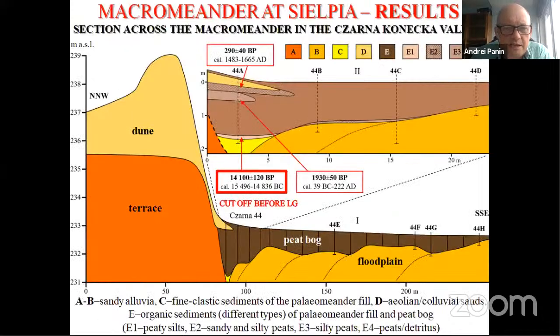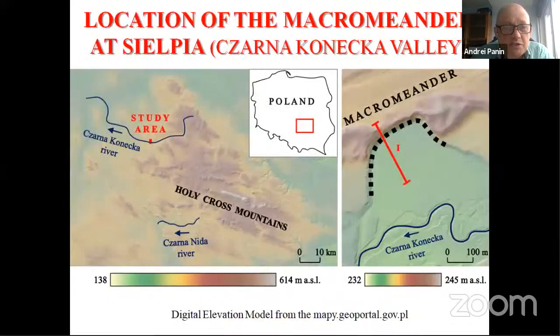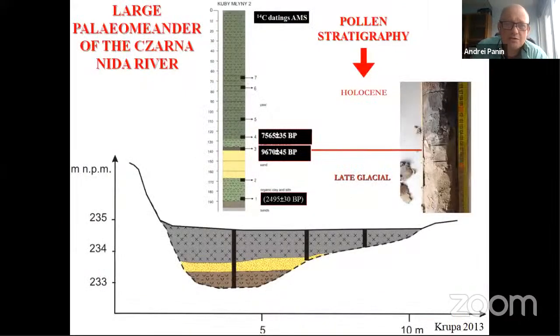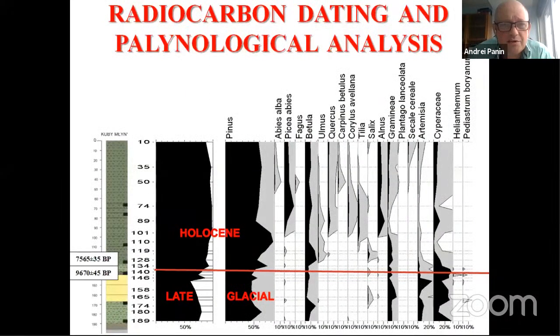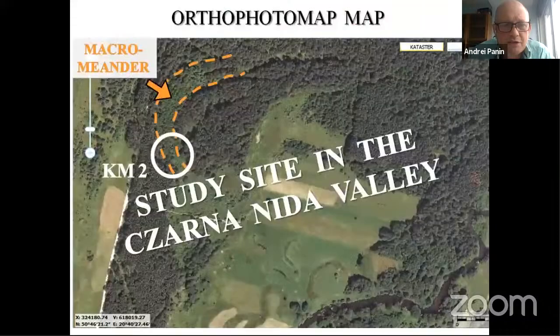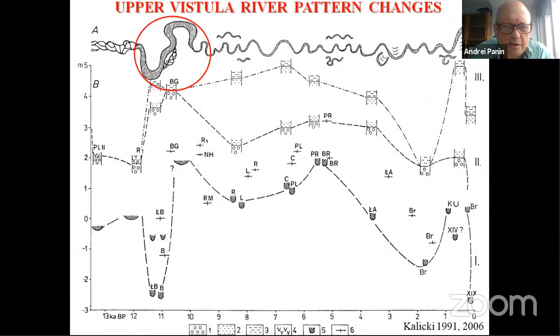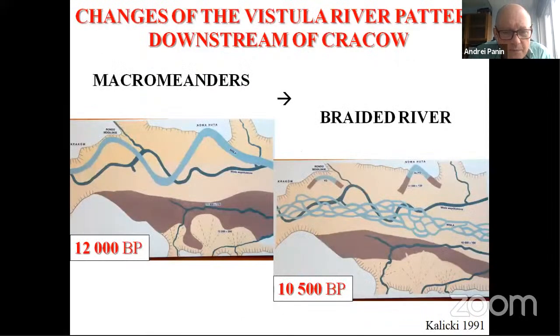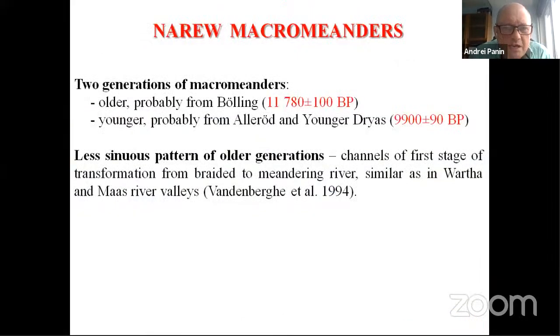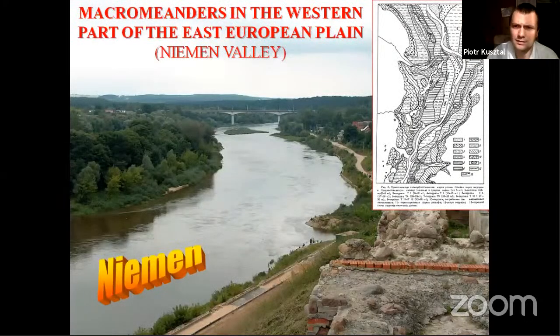You demonstrated dates that are rather much older even than Bølling. So your last dates from your macromeander were here. Well, in this graph, the time scale is calibrated or non-calibrated? Calibrated, yes.